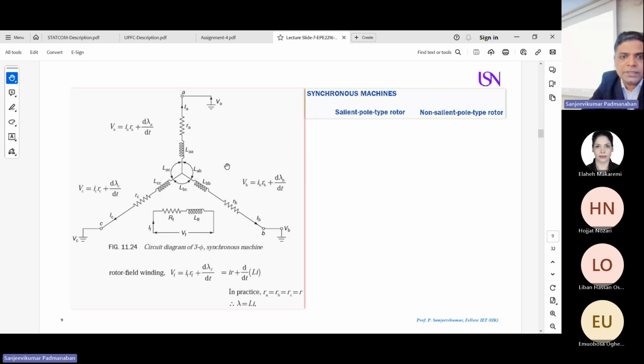I know how to do it for my three-phase windings. I have the equations. In practice, what we do is consider the system to be balanced, but it's not true. In real time, the three windings of your synchronous machine are not balanced. There will be a small deviation in the total impedance.